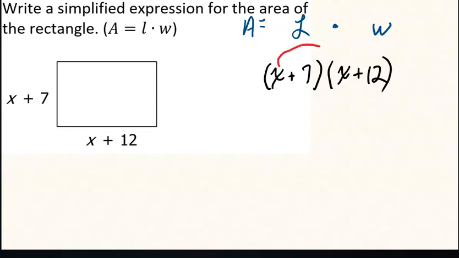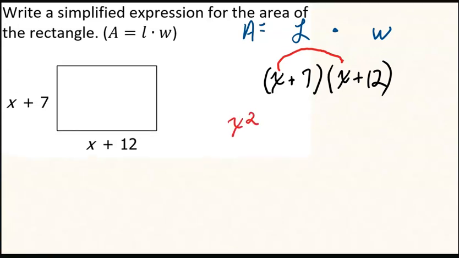I'm going to multiply x times x. X times x is x squared. Now I'm going to multiply x times 12. So that's plus 12x. All I did was I took this x and I multiplied the x to both of them.